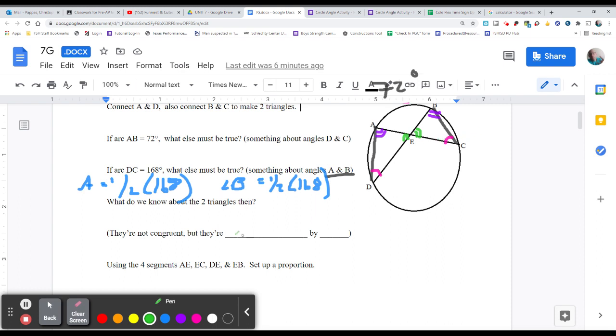So we have two triangles, ADE here and BCE there. These two triangles are not going to be congruent to each other, but they have three pairs of angles that are congruent, so they're similar.